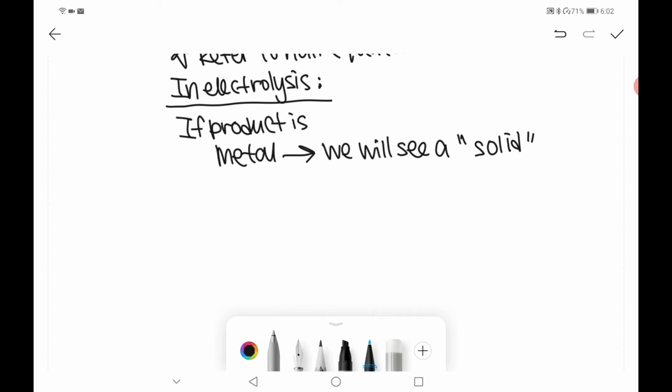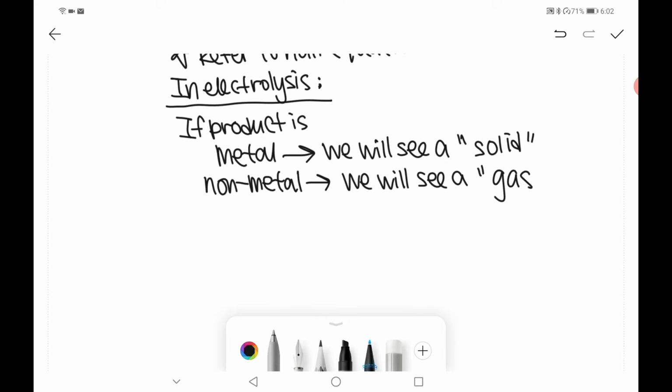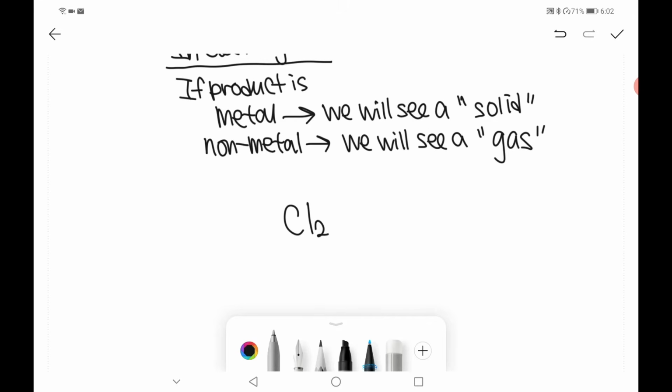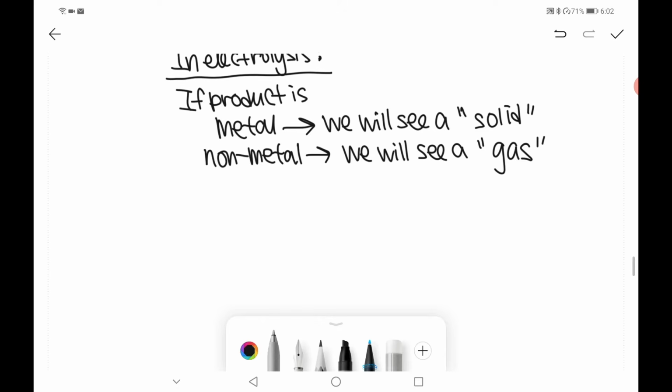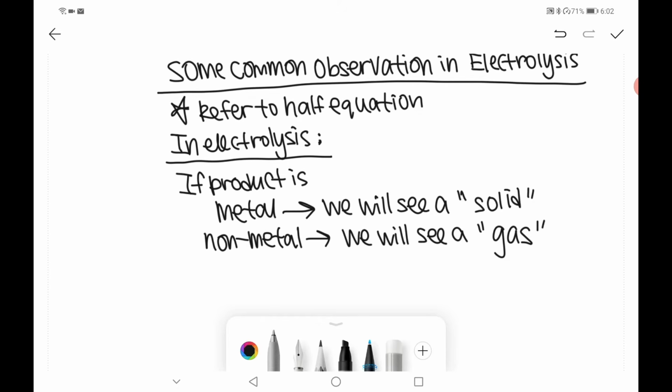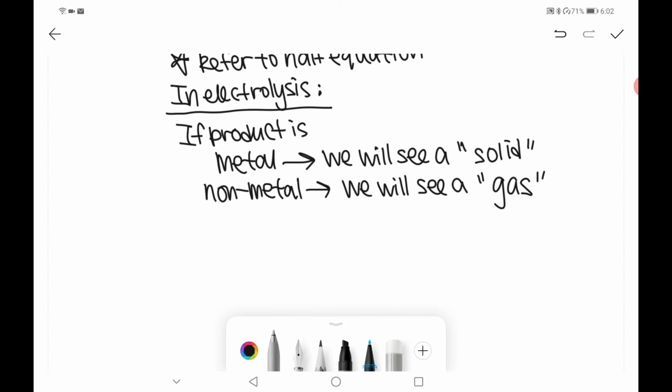If the final product is a non-metal, you will see a gas. Let's say the final product is chlorine or oxygen, which are non-metals, you will see a gas. By knowing whether the final product is metal or non-metal, we know whether we will see a solid or a gas.